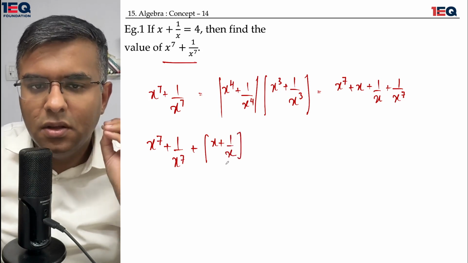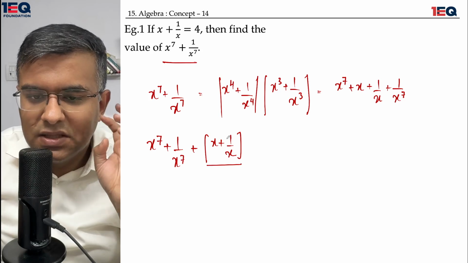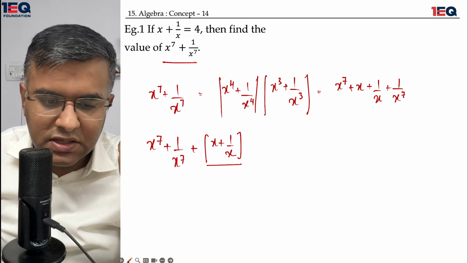Now let me put in the values. I'll use this thing to go on the minus side. When I use the formula, I'll change my pen color.